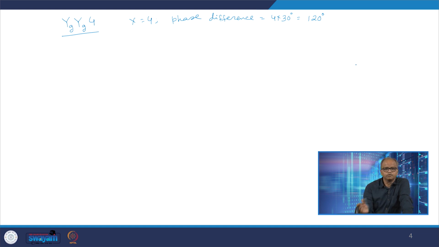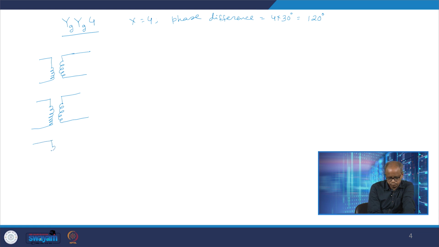So here is how to go about it. Again we start with the same thing. We first take three windings, and I again put the dots.